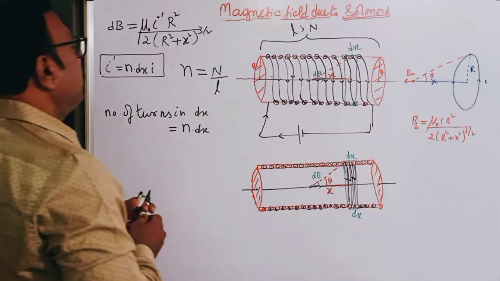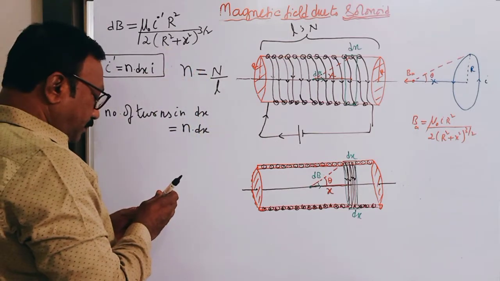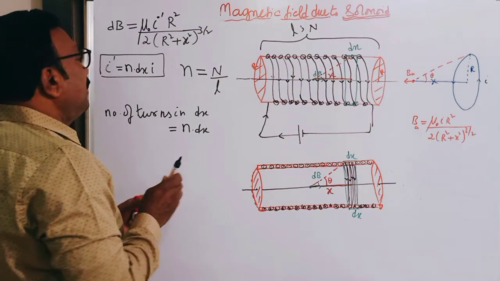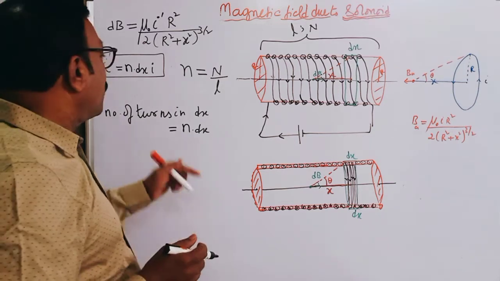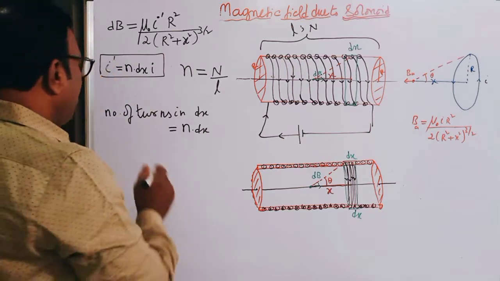Clear? Next. I said that I want to eliminate x here. Of course, when I eliminate x, I have to eliminate dx also. I have to substitute this I dash here now. See what happens to this expression.